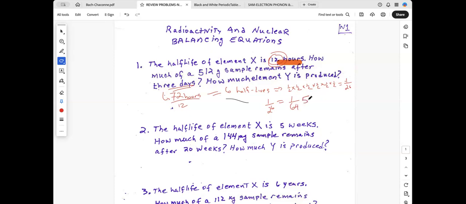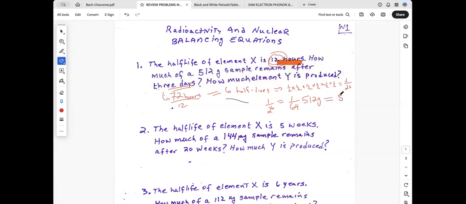But we started with 512 grams. So let me make sure I do carefully. 512, and now we're going to divide by 64. Right? And we get 8, just what I thought.